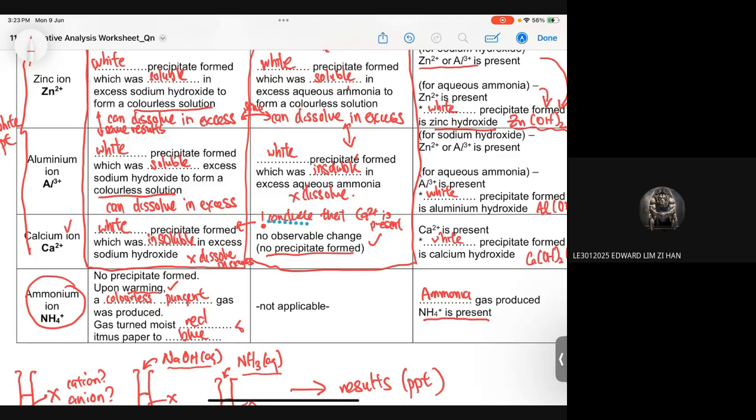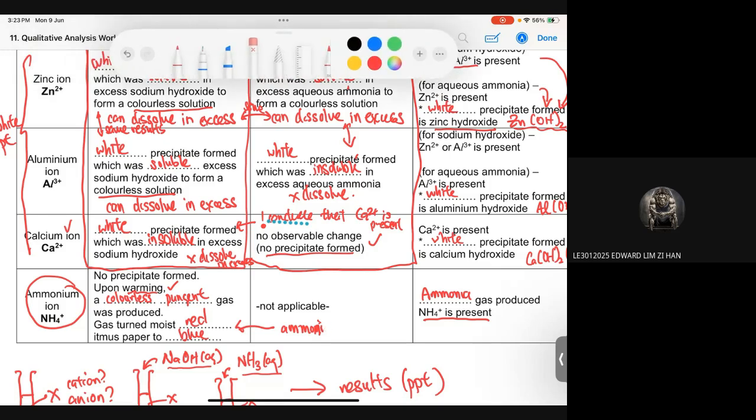Now, what exactly is happening here? Actually, what you're doing is an ammonium salt. Sorry, I'm spelling wrong. Let me rewrite this. So what's actually happening here is your ammonium salt reacting with your alkali, which is your sodium hydroxide. I'm just going to write alkali here, but actually I'm looking at NaOH.